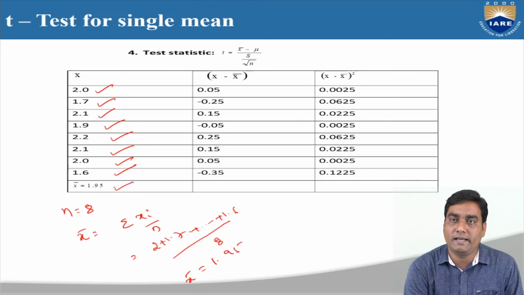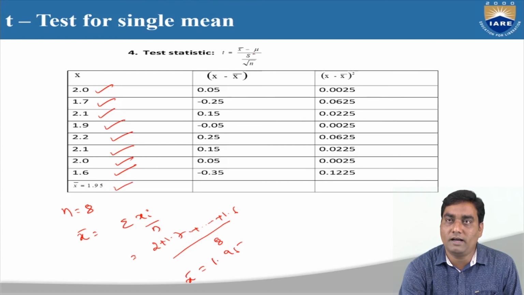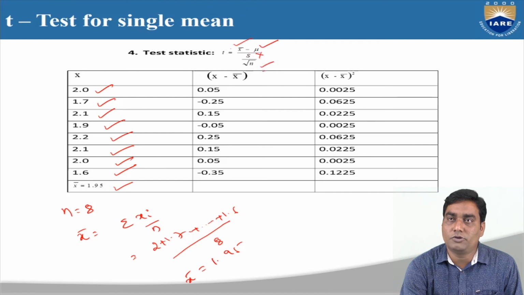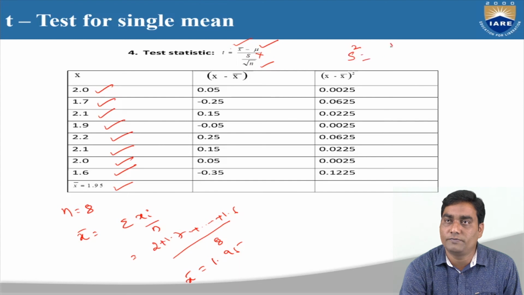So that value I have written, because in the formula we require the x bar value, and mu is also given in the question, 1.83. S we don't know and n we know. To find the s value, we have the formula s square equal to 1 by n minus 1, sigma xi minus x bar whole square.